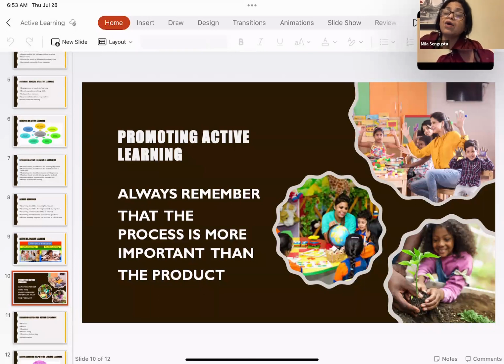So this is how learning can happen out of the box, where you can make every opportunity a teachable moment, which is a very important aspect of our early childhood classroom.